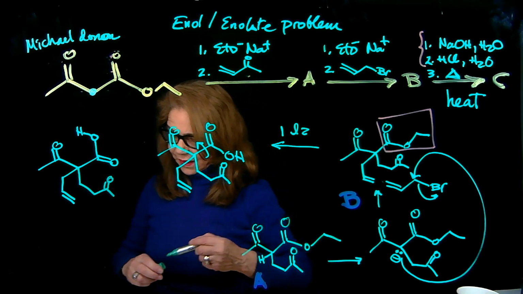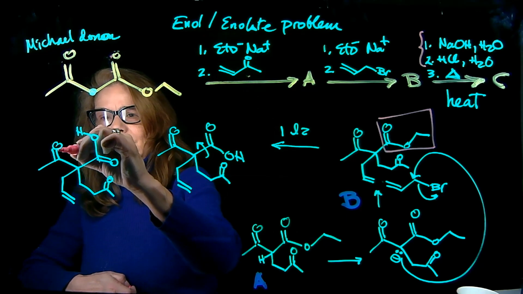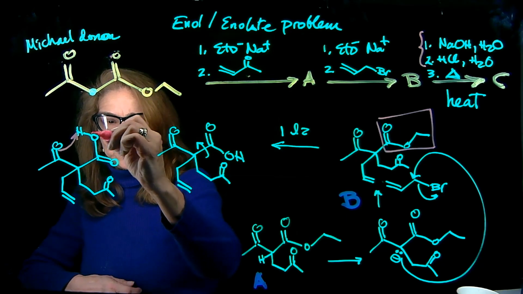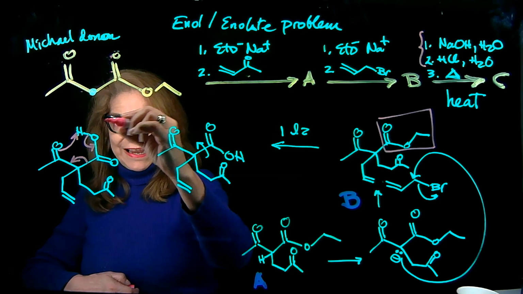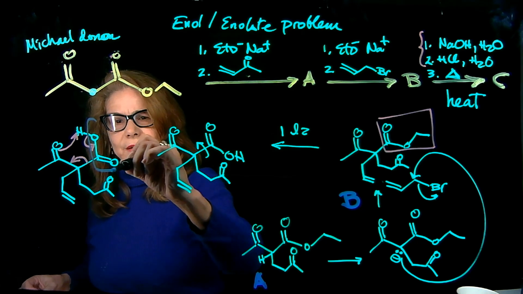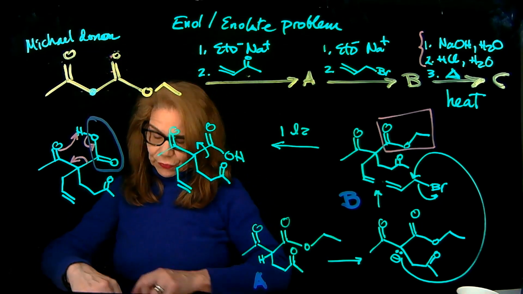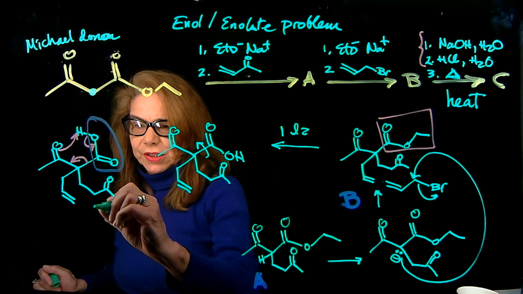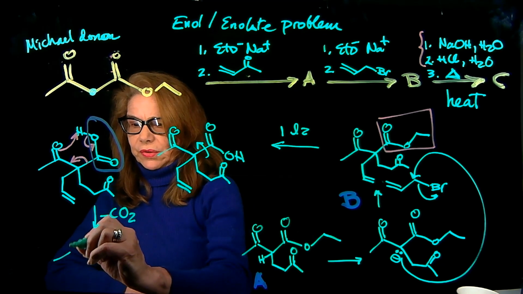So in the decarboxylation step, what happens is you're going to get this hydrogen here, you form a double bond, and that disconnects. And as you see here, this fragment is carbon dioxide. And so after the decarboxylation, minus carbon dioxide, let's draw the structure that results.